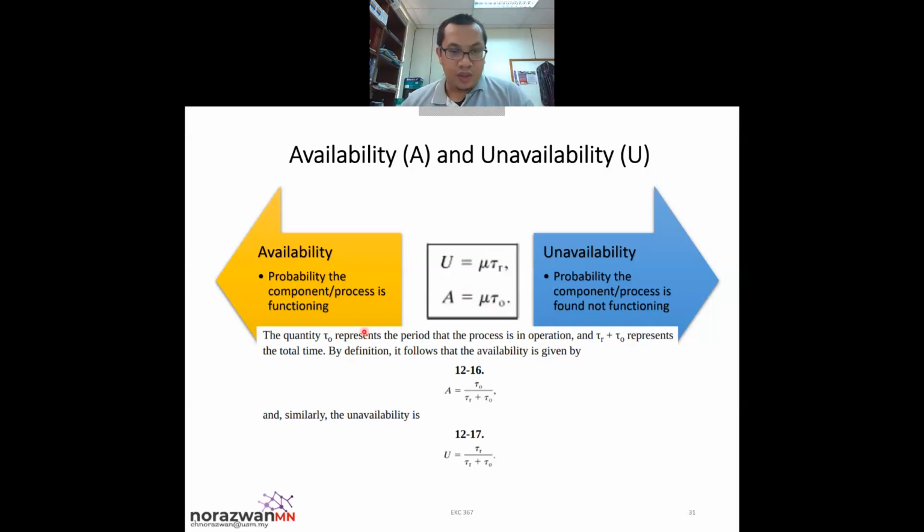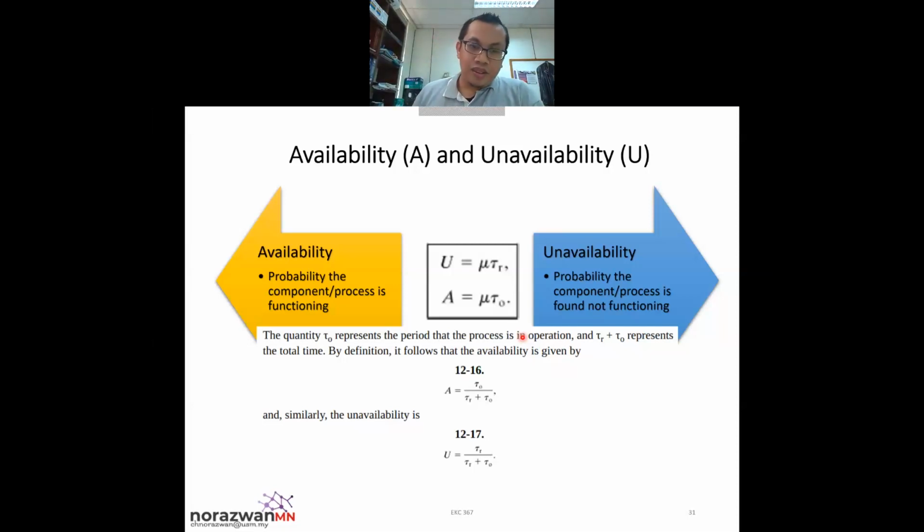The quantity tau naught represents the period that the process is in operation, as in the earlier definition. But tau R plus tau naught represents the total time. Remember, what is tau R plus tau naught? Anyone, just type in chat. Yes, MTBF, which is 1 over mu. Very good.